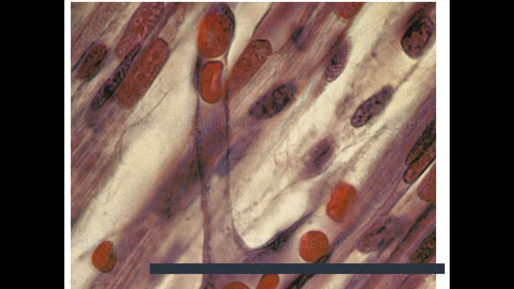These capillaries are made of endothelial cells. You can see the nuclei of fibroblasts, and there's some collagen fibers in this conjunctival tissue in which these red blood cells and these capillaries are passing.